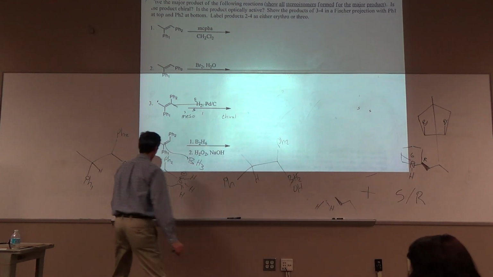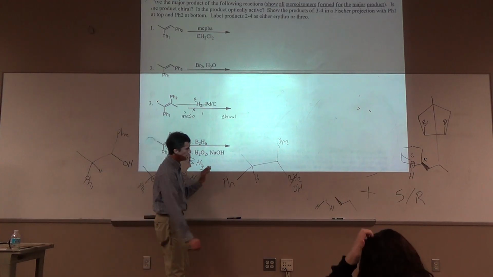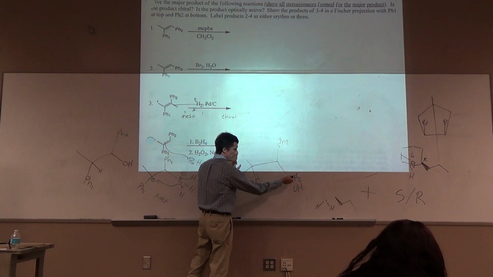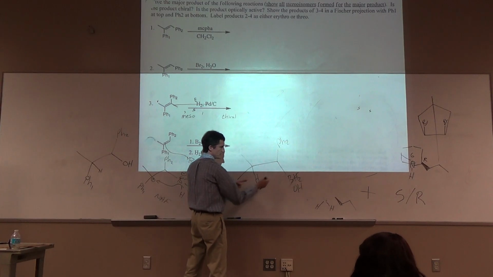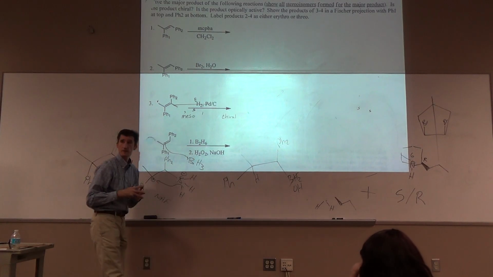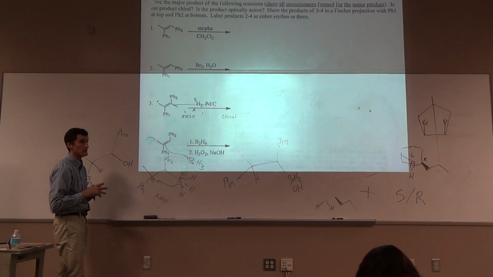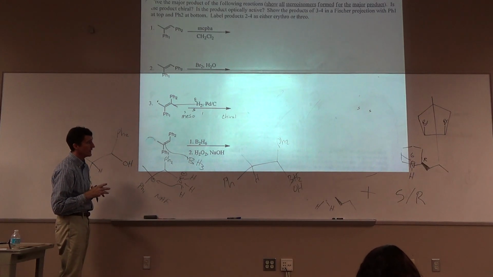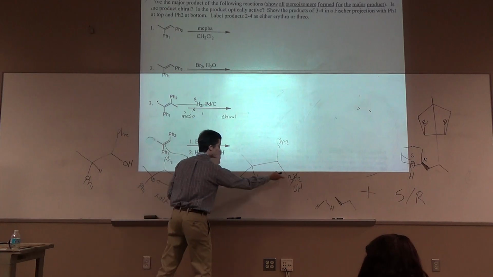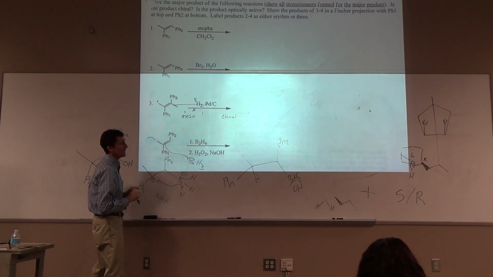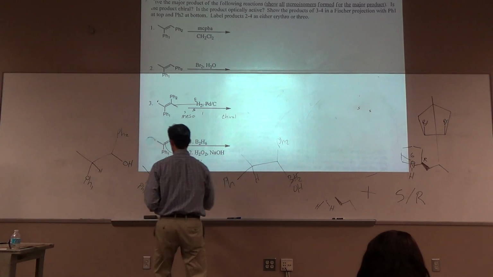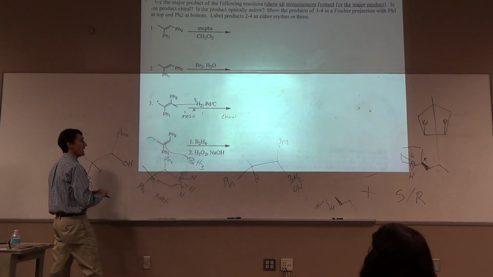Now let's think about stereochemistry. The B and the H here, are they added on the same side or opposite sides? Same side. So we need to show a side. Really, we need to maintain the stereochemistry here. So at this point, what I would do is, I showed you this early on.